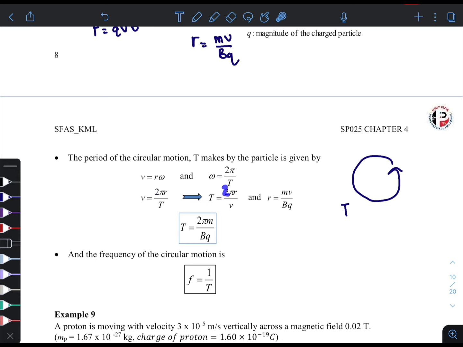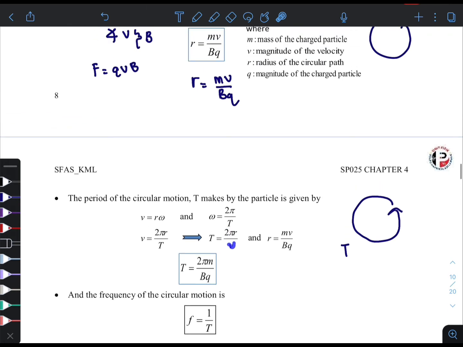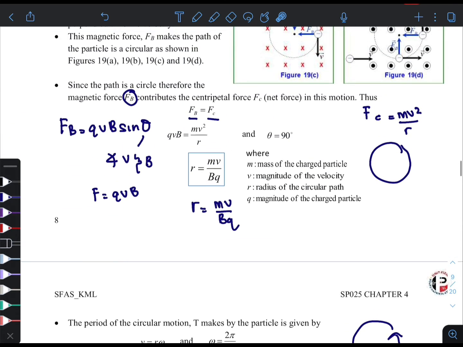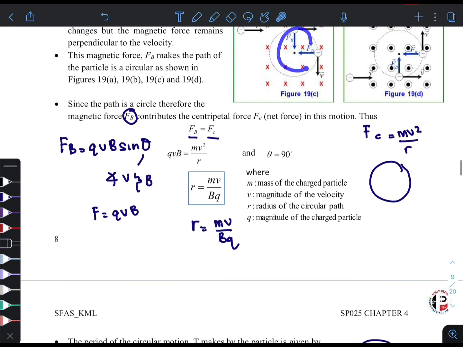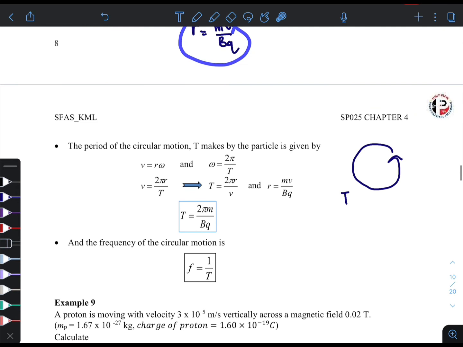T will equal 2 pi r over velocity. Where earlier we said this charged particle is going to make a circle with a radius given by mv over Bq. So we substitute r as mv over Bq here, and you will end up with a new equation for your period.